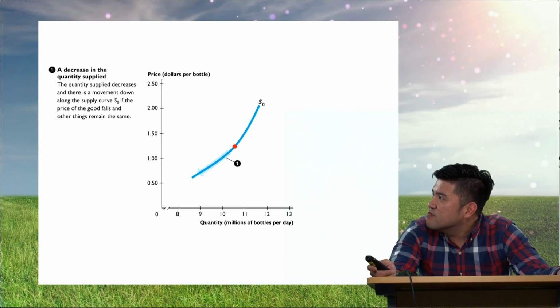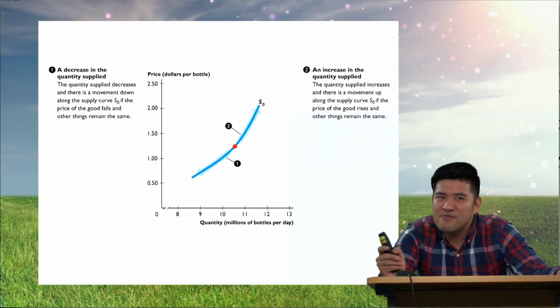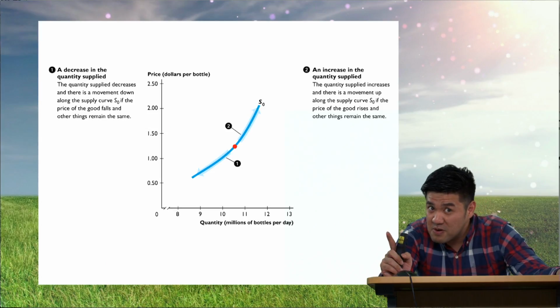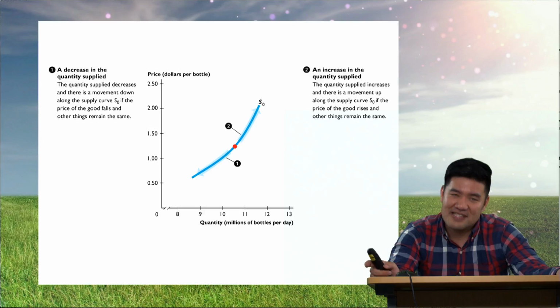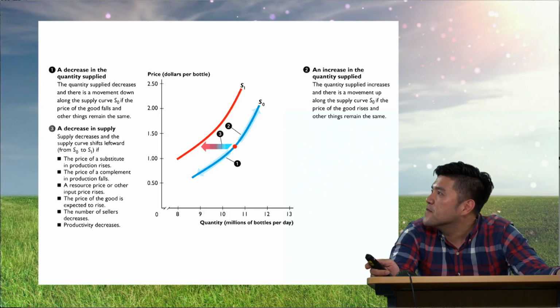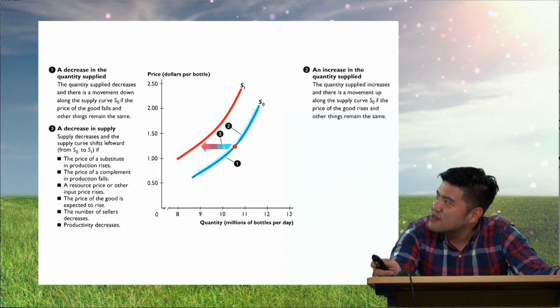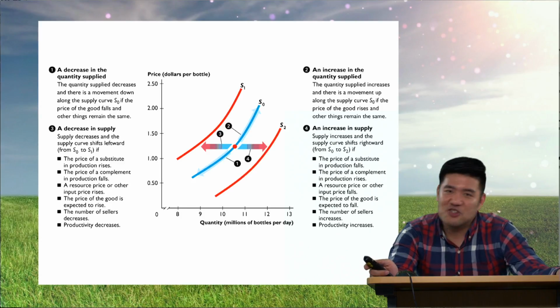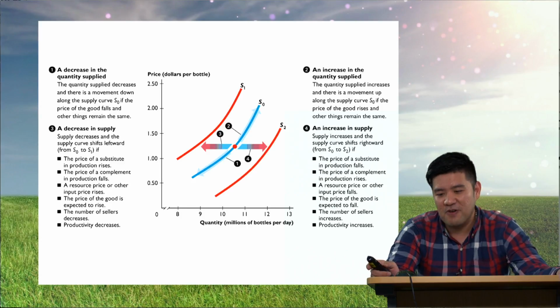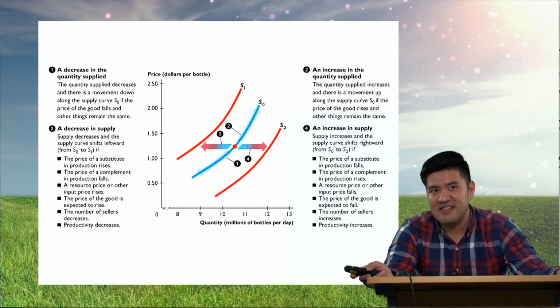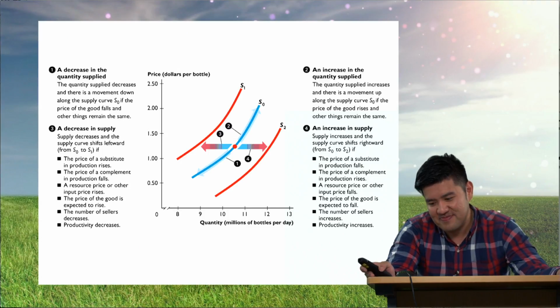Movement 1, movement 2 is a movement along the supply curve. So what was causing that, guys? Changing in the price. Okay. Movement 3, movement 4 is a shift that must be caused by other factors changing, not the price.